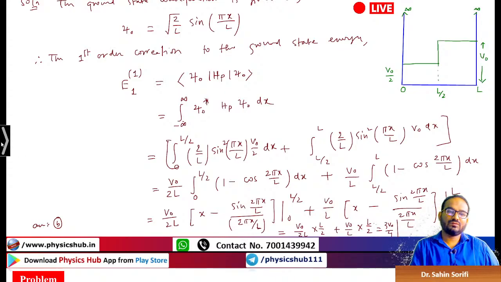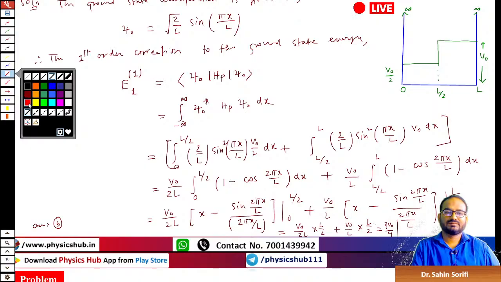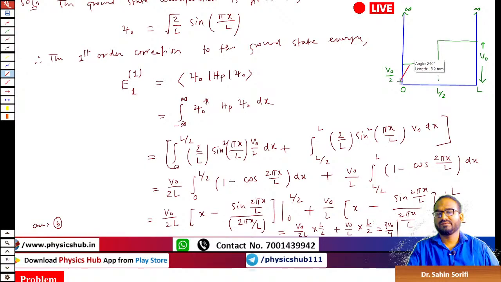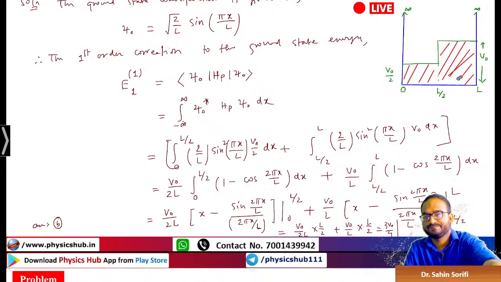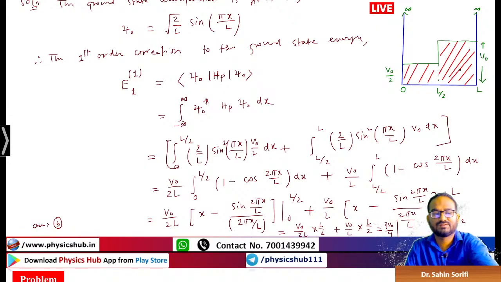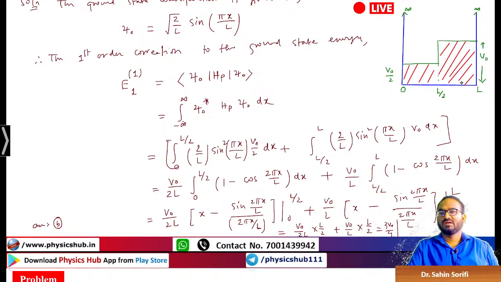So the rule is, the perturbation is the area, this area. Whatever perturbation you have been given, you have to calculate this area by putting L equals to 1. You just need to put L equals to 1, and calculate the area. So what is the area of this thing?